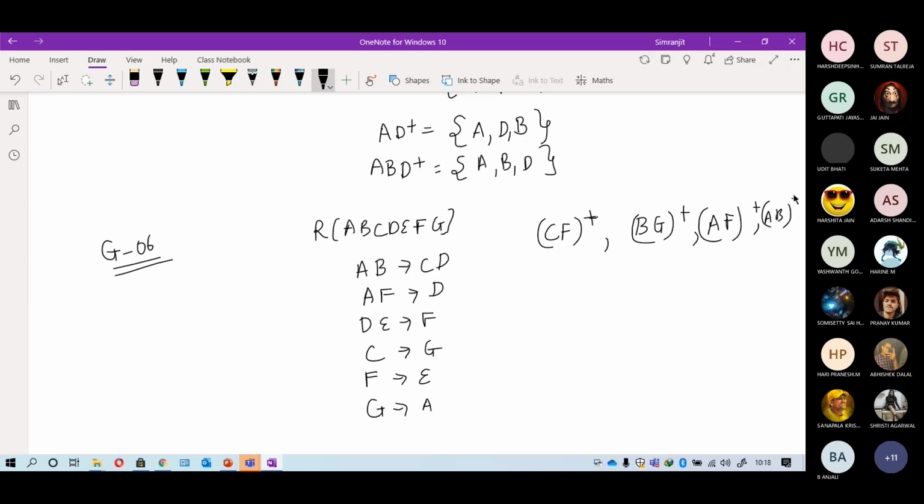So tell me the answer of CF plus first. Take your time. No need to quickly solve it. Mind it, it's a GATE question. Sir, CF.